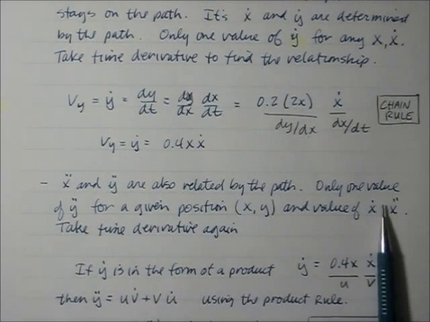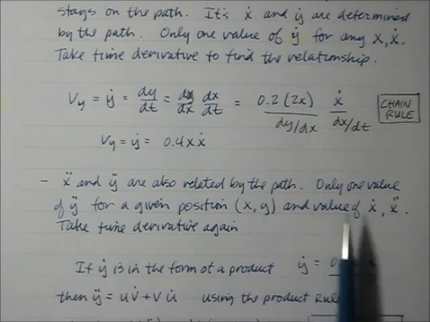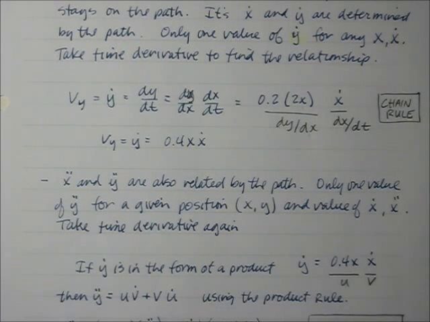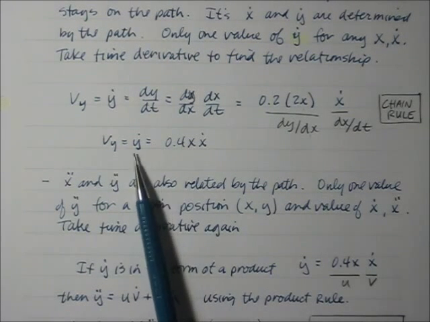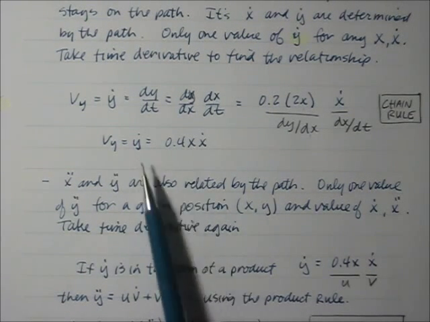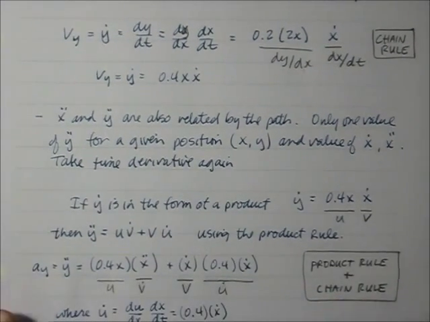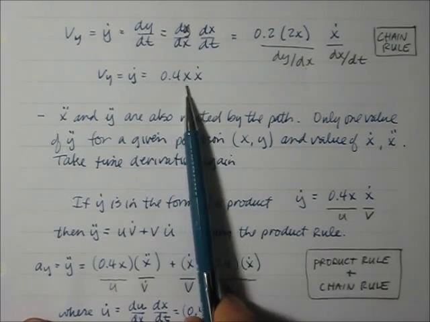Okay, x double dot and y double dot are also related by the path. In other words, there's only one value of y double dot for any given position xy and value of x dot and x double dot. So again, we'll take the time derivative to find out what y double dot is. If we have a function of y dot, then we can take the time derivative of y dot to get y double dot. So let's do that. In order to do that, we have to recognize that this term is now a product.